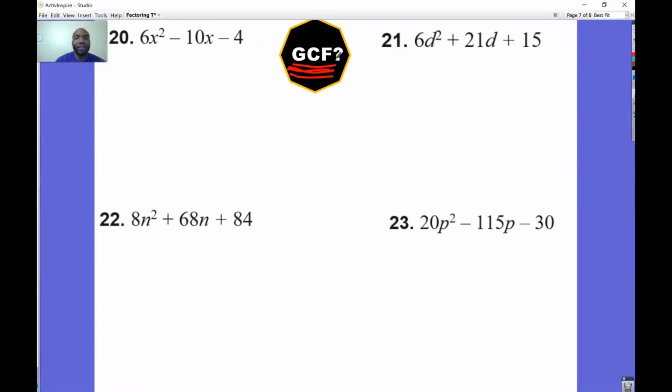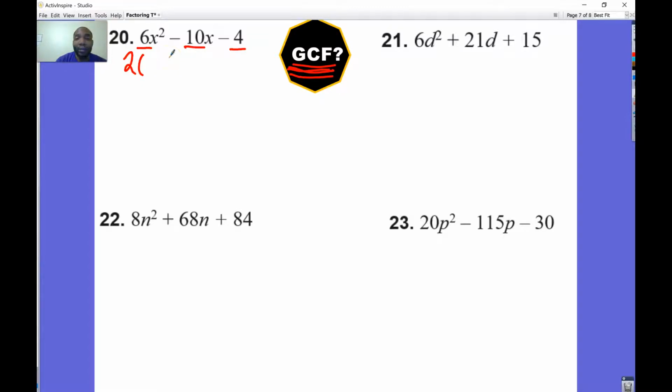Okay. So here we see that the 6, 10, and 4, they don't have an X in common, right? So we can't take out an X, but they do have a GCF of 2. All right. So we need to factor out a 2 before we do this problem. So when we factor out a 2, I am going 2 here.